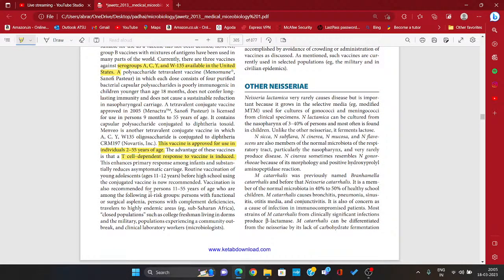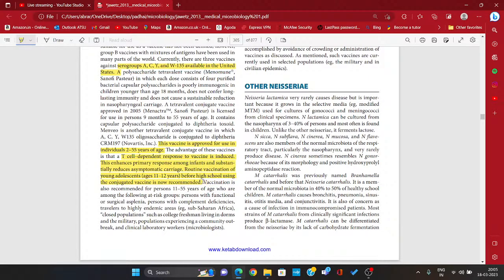Routine vaccination of young adolescents aged 11 to 12 years, before high school, using the conjugate vaccine is now recommended. So vaccination is important in Neisseria meningitidis.